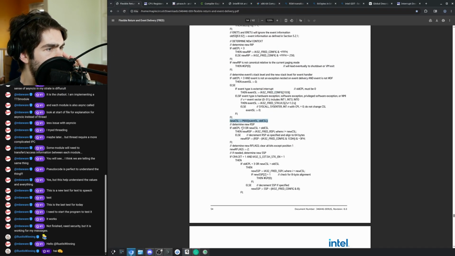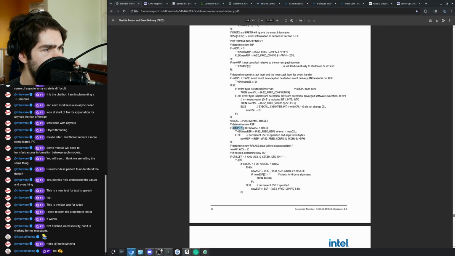So, new stack level. Determine the new return stack pointer. If old CPL equals 3 or new CSL is greater than old CSL. Oh, if we are in the user space. Okay, cool.